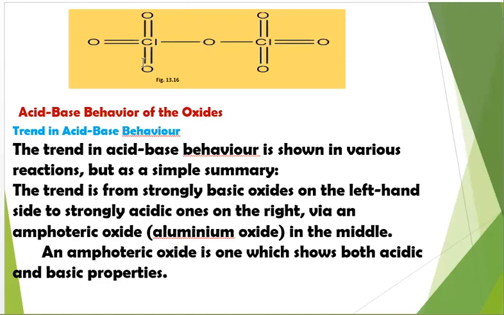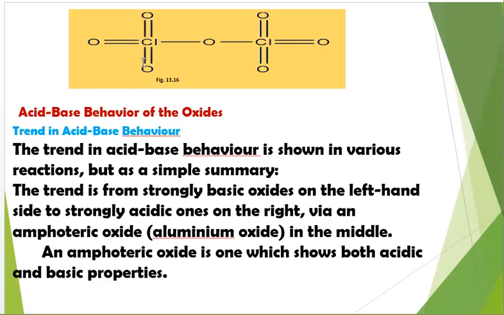Now we will discuss the acidic and basic behavior of the oxides of third period elements. In the third period, when we move from left to right, the acidic strength of the oxides increases, while the basic strength decreases.